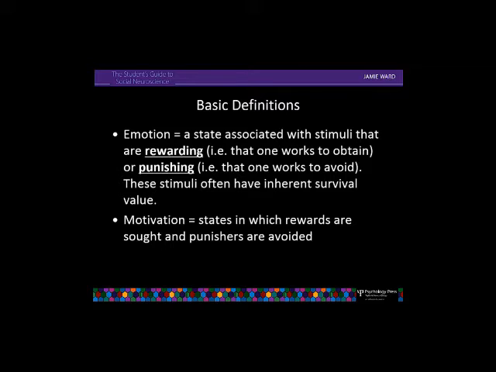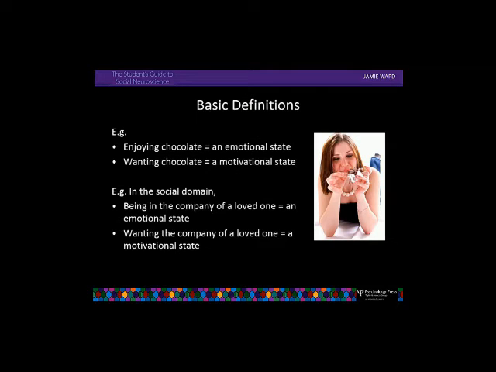So it's something that triggers action, either avoidance or seeking. Approach and avoidance, in effect. That's the key concept behind motivation. Whereas emotion is more about value, liking, disliking, and so on. An example here would be enjoying chocolate, which would be emotional, and wanting chocolate, which would be motivational.